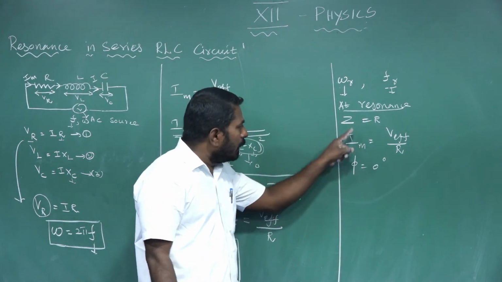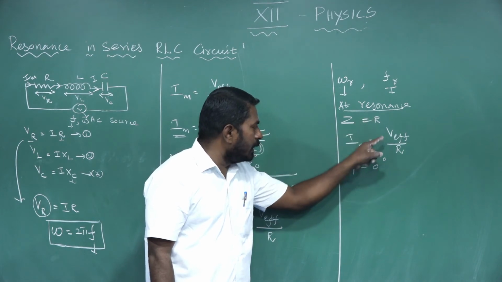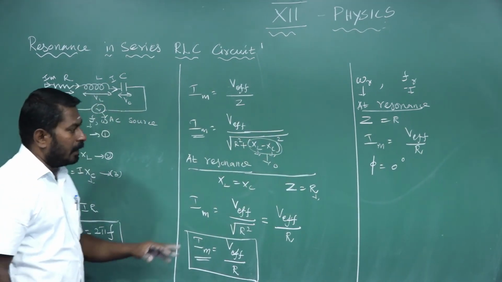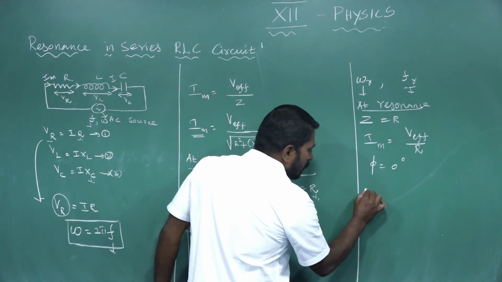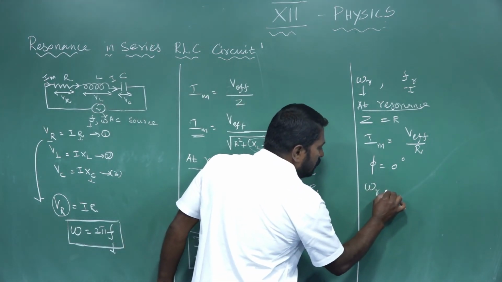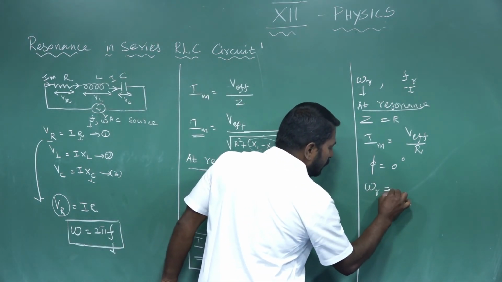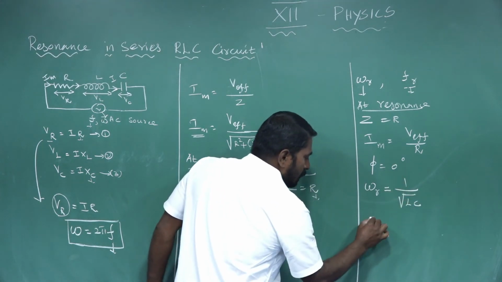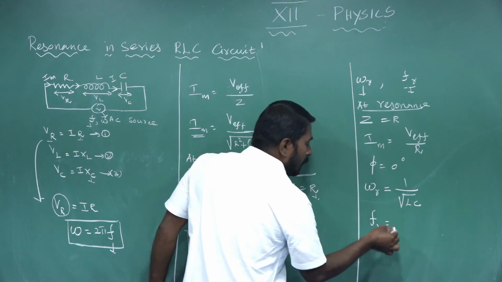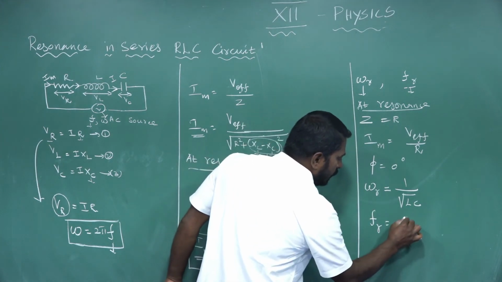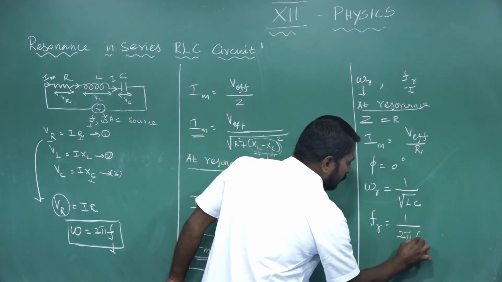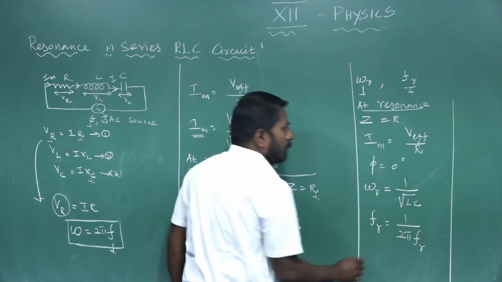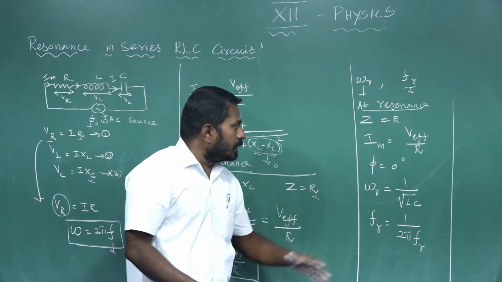If an AC circuit is purely resistive at resonance, then the phase difference between applied voltage and applied current is 0 degree. Then angular frequency of AC voltage at resonance, omega R, is equal to 1 divided by square root of LC. Frequency of AC voltage at resonance, Fr, is equal to 1 divided by 2 pi square root of LC. These are very, very important expressions at the resonance condition.